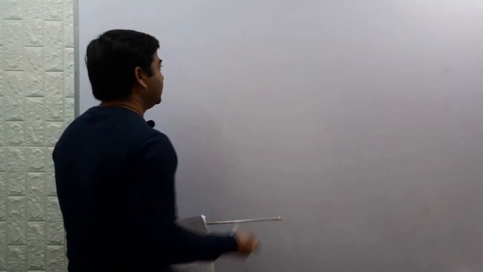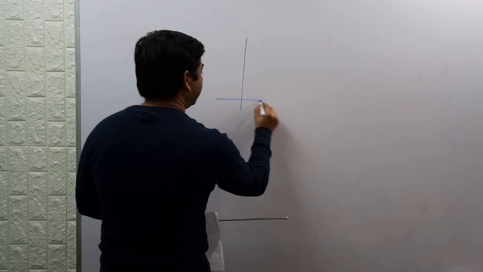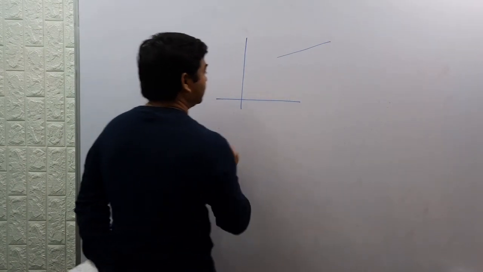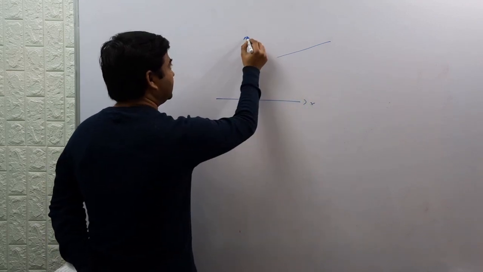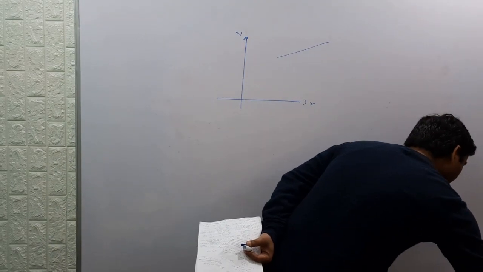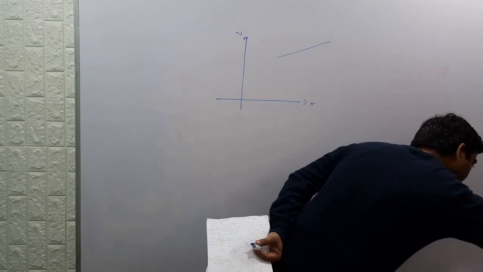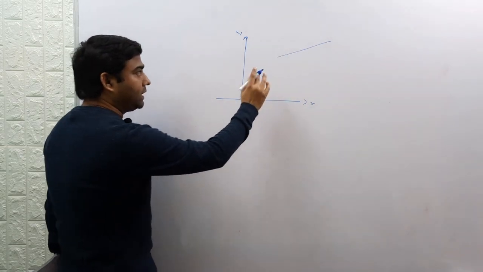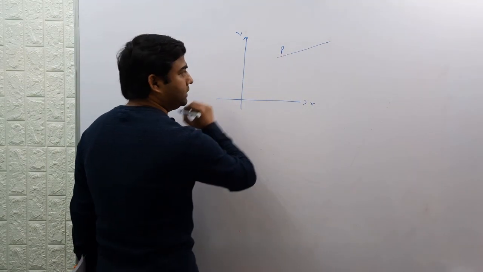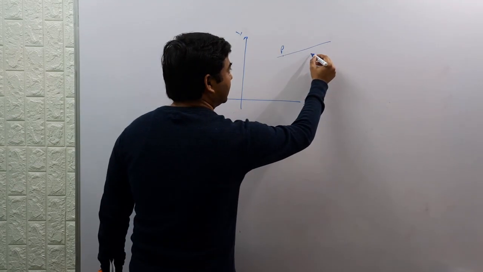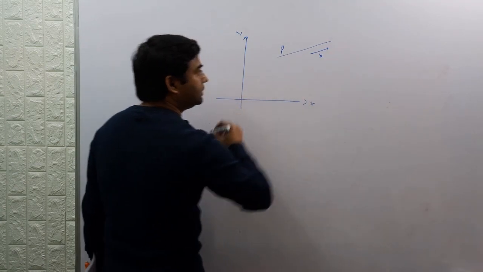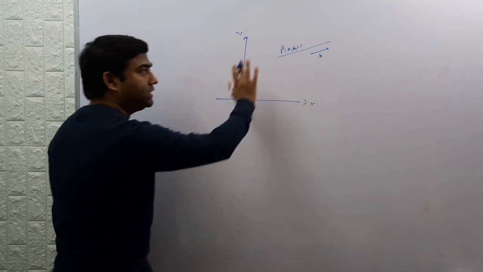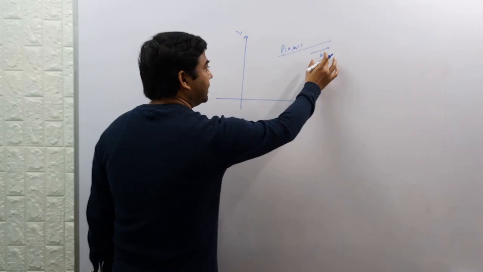So this is actually a very simple representation of line and plane. Let there be a line. This is the x-axis and this is the y-axis. We will find the equation of a line passing through a point P and parallel to a vector B. This point P is A, B, C. This point is given and a vector B is given.